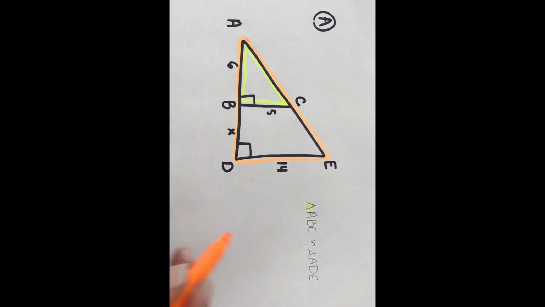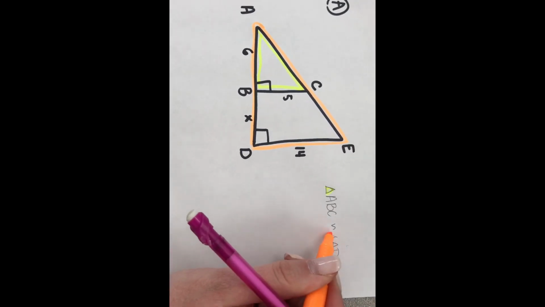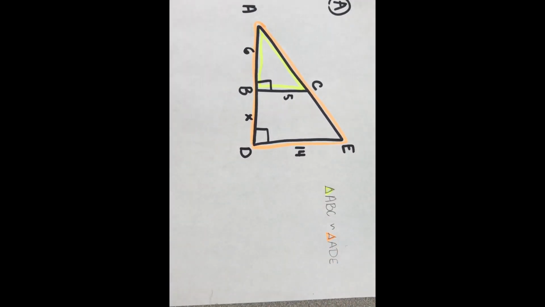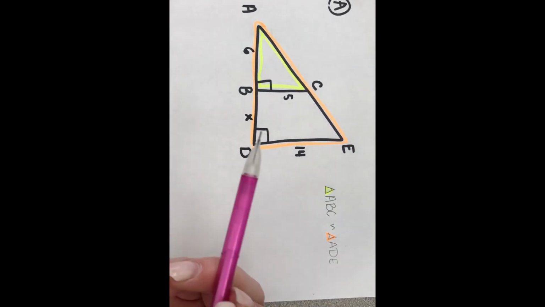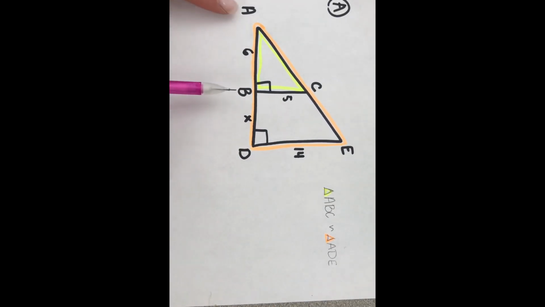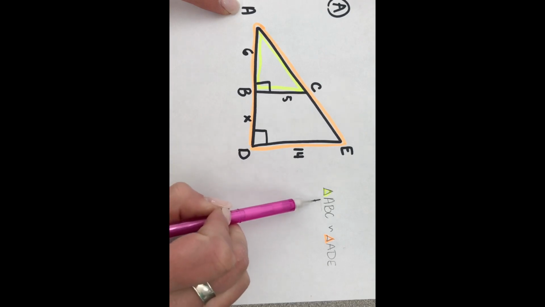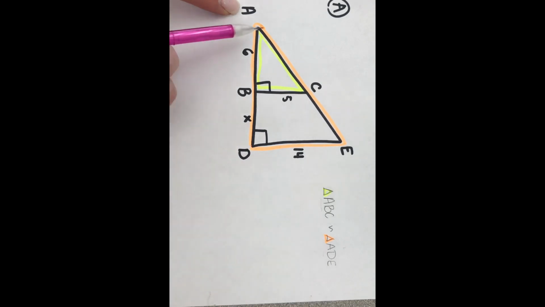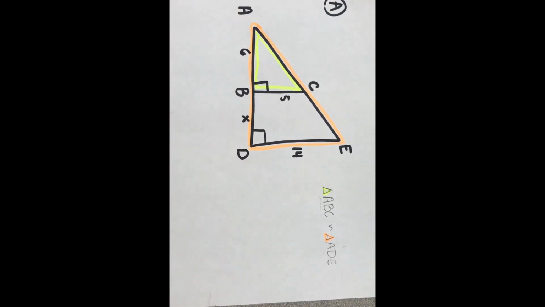Now the reason why writing these similarity statements is going to help me is that it helps me match up any other corresponding parts. So when I write the side ratios, having AB means that it would correspond with AD. And again, this is going to help me when I go to write the ratios.